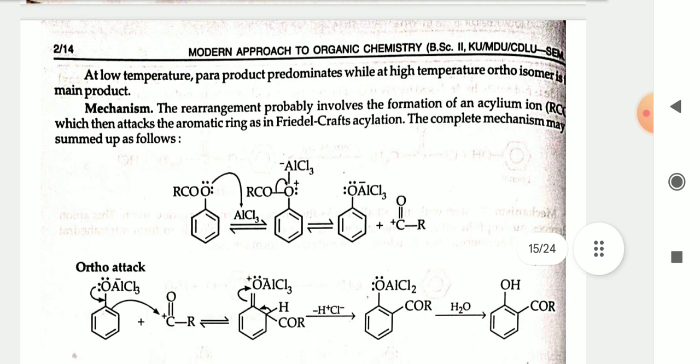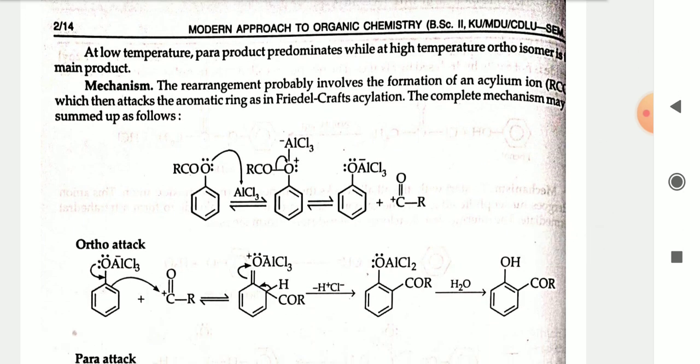At low temperature, the para product predominates while at high temperature the ortho isomer is the main product. Mechanism. The rearrangement probably involves the formation of an acylium ion which then attacks the aromatic ring as in Friedel-Crafts acylation. The complete mechanism may be summed up as follows.